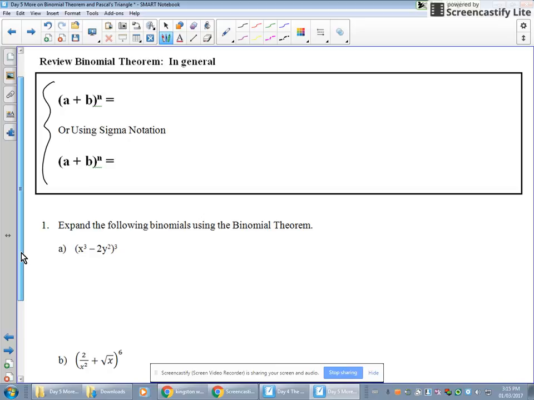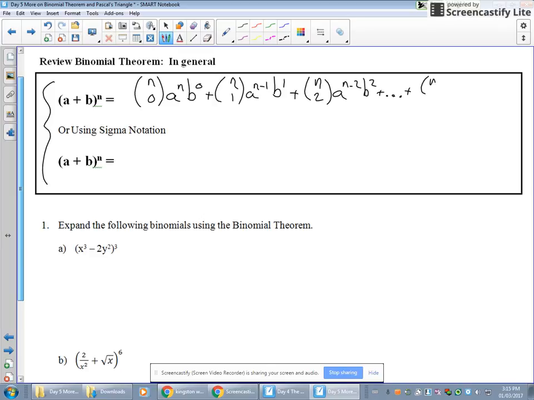So remembering that if we've got a binomial, two terms being multiplied, to the power of some exponent n, we can say that that becomes in expanded form n choose 0, a to the n, b to the 0, plus n choose 1, a to the n minus 1, b to the 1, plus n choose 2, a to the n minus 2, b to the 2, plus dot, dot, dot, all the way down to n choose n, a to the n minus n, or 0, b to the n.